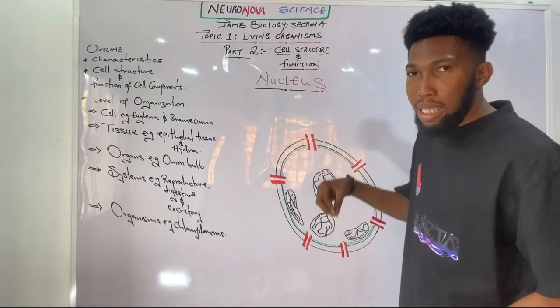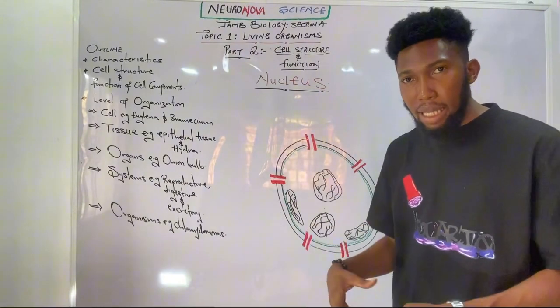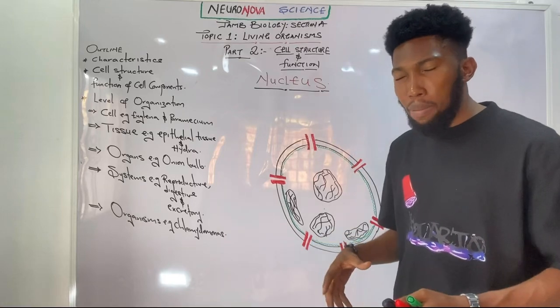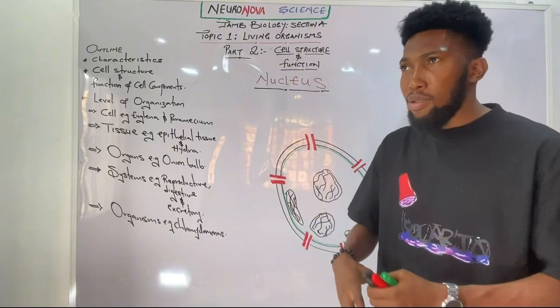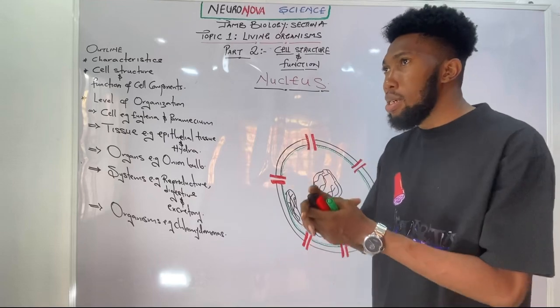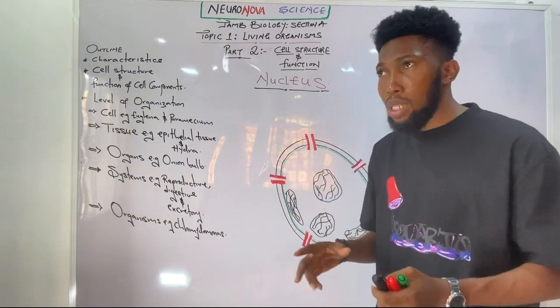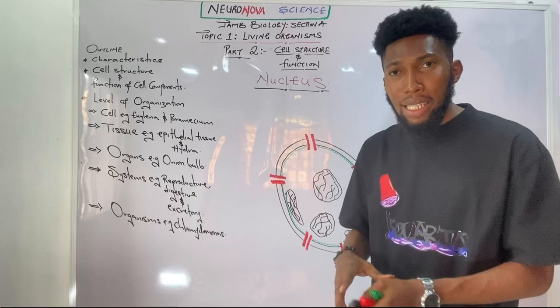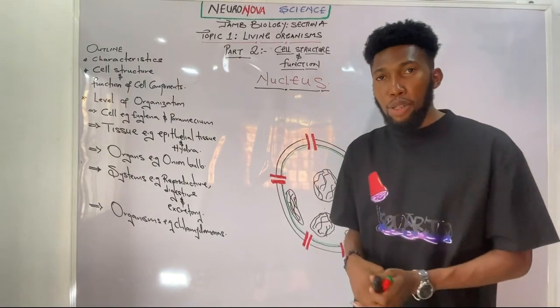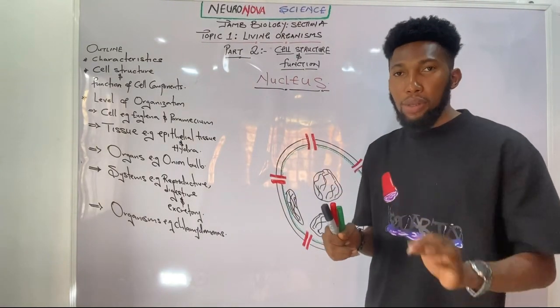Now, you need to understand individual organelles properly. JAMB is not just about you knowing that the nucleus is responsible for cell division, or it is the most important part of the cell, or all those kinds of things, no. You're writing an exam that tests your ability to identify misconceptions.